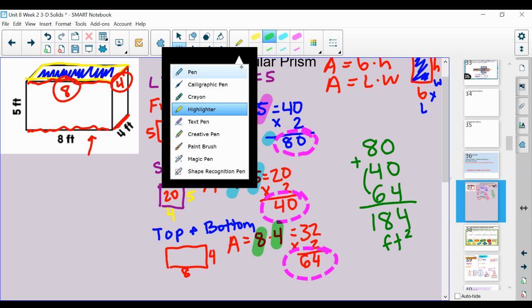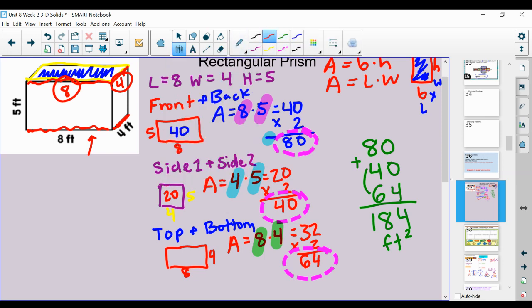So really, if we were going to create a formula for surface area, we could do this. Length times width plus length times height plus height times width. You're going to do all of that, and then whatever that answer is, you're going to multiply times 2. That's what we just did to find our total surface area.